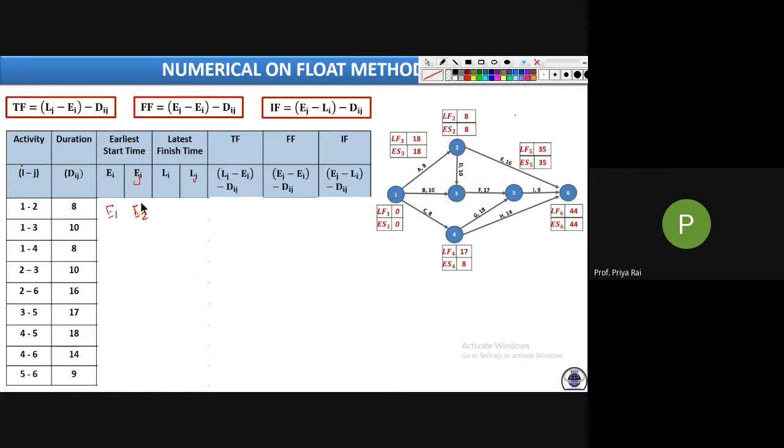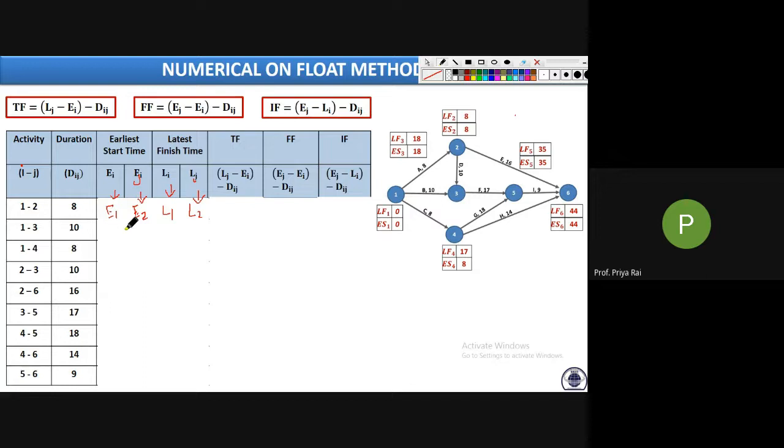Instead of j, I am writing 2, instead of i I am writing 1. Similarly, for the same activity 1 to 2, this is L1 and this is L2. Now you have to substitute these values in these columns.